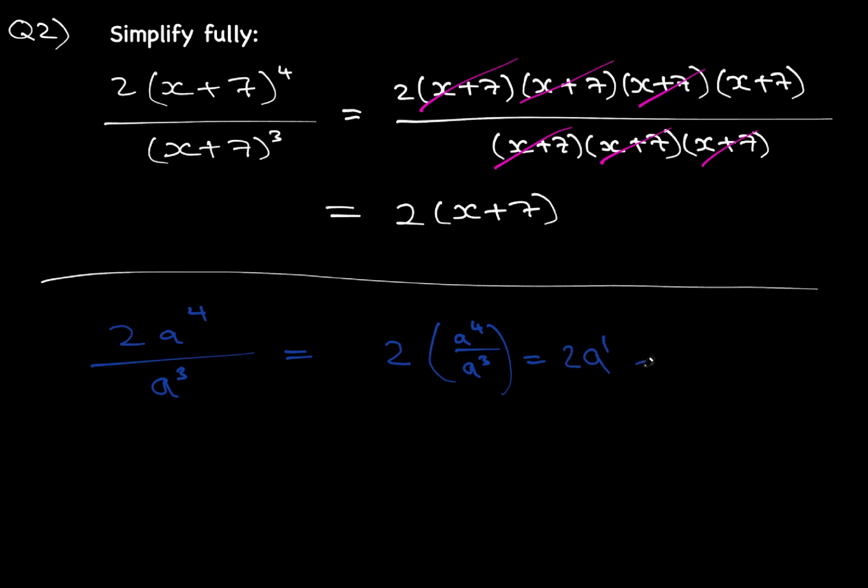So 2a to the power of 1 is 2a. A in this case would technically be your x plus 7. So you can just replace a with x plus 7. For understanding's sake, I would probably just stick to the first one, and the second one, if you understand and are good with indices, yeah, I would just stick to the second method.